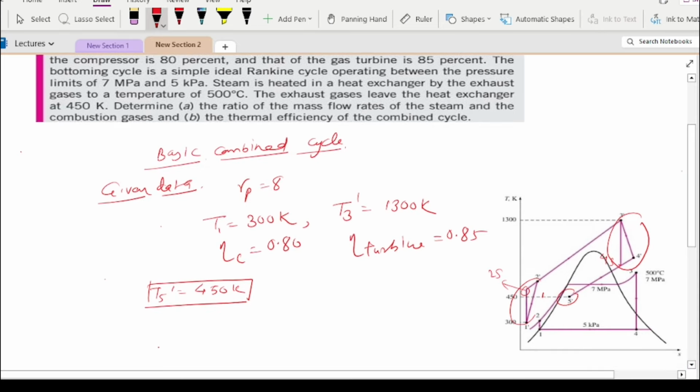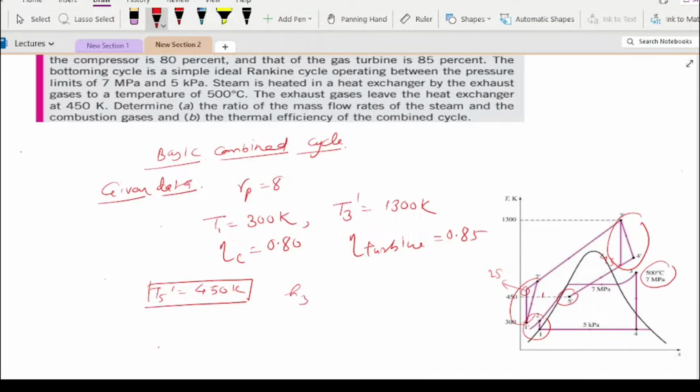Now coming to the steam cycle or Rankine cycle. 1 to 2 is the pump work, then 2 to 3 is the constant pressure heat addition in the heat exchanger, where heat is exchanged between the exhaust from the gas turbine and the water, which is being converted to steam at 7 megapascal and 400 degrees centigrade.